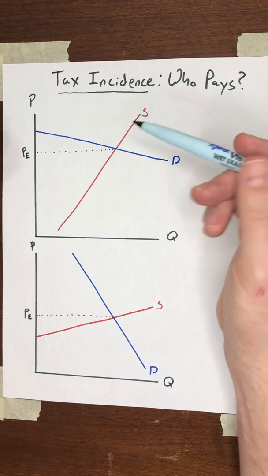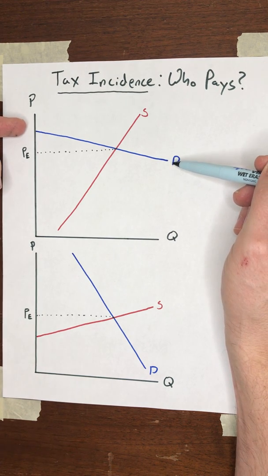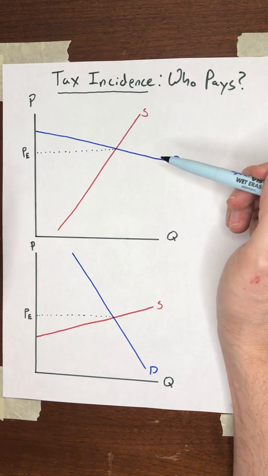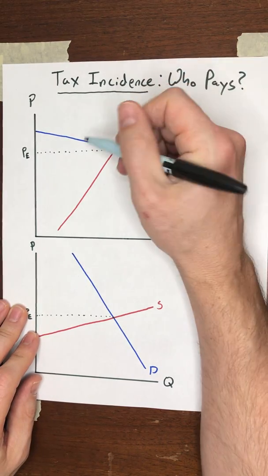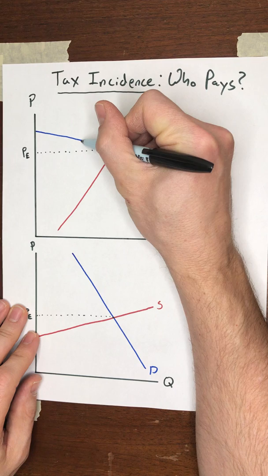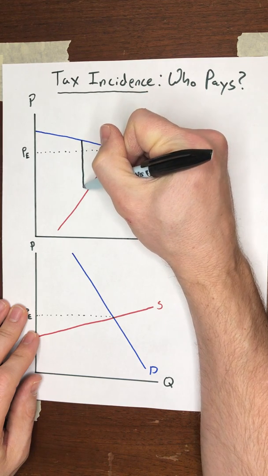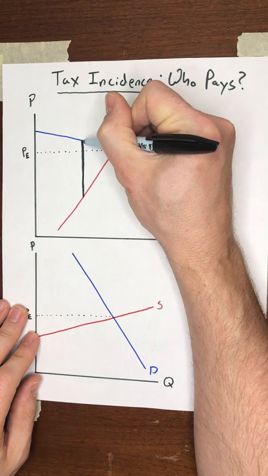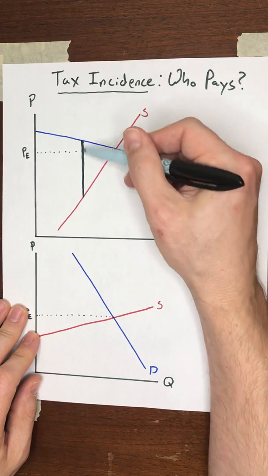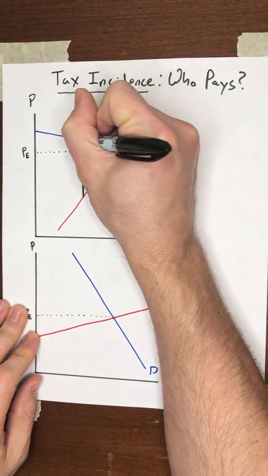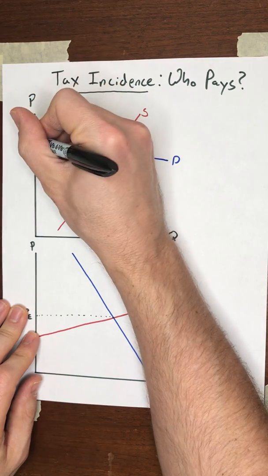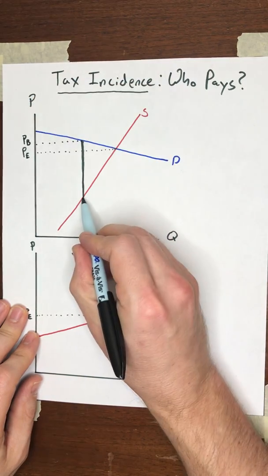Okay, so here we have one example where demand is very elastic and supply is very inelastic. And so if we take a tax wedge, and I'm going to make this a large tax wedge so that the effect is really obvious, we wouldn't expect most tax wedges to actually be this big. But draw that tax wedge there where it hits the demand curve. That gives you the price the buyers have to pay.